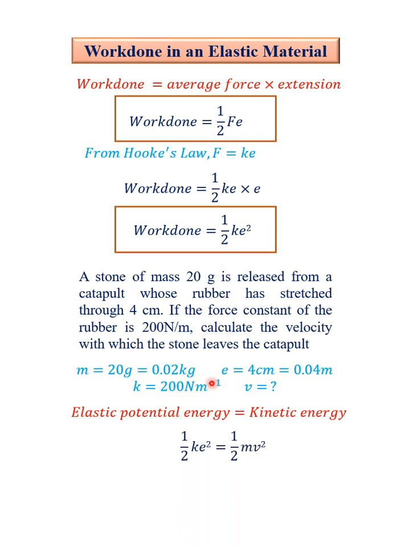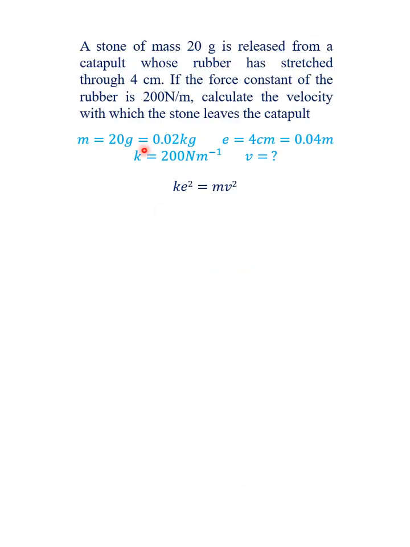So we rewrite it as half Ke squared to represent the potential energy, equal to half mv squared, which is the formula for kinetic energy. We are looking for V, the velocity. So we are solving for V by making it the subject of the formula. Since this is equal to this, half can cancel out this half, and we'll be left with Ke squared equals mv squared.